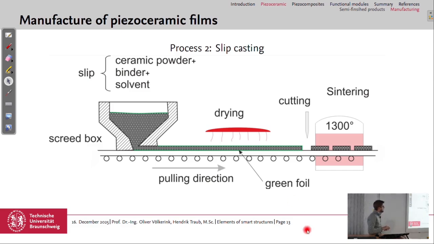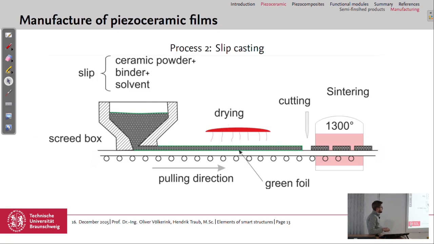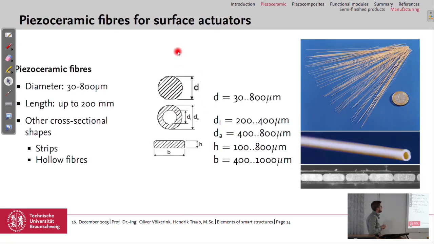And afterwards you cut it to size and then go through a sintering furnace and have the unpolarized ceramic material afterwards. These two manufacturing processes are for the plates or for the thin films.